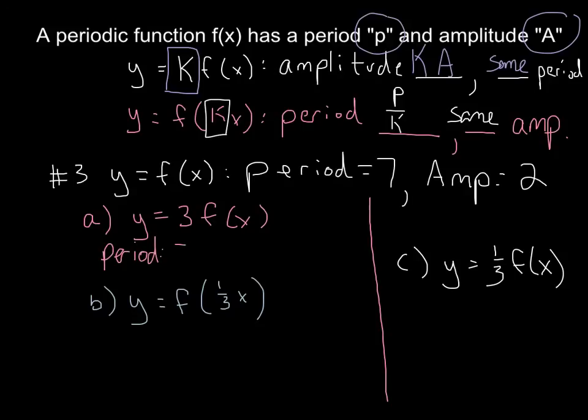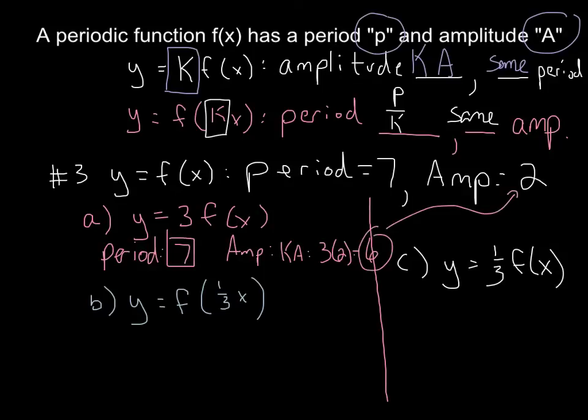So the period is still 7. But the amplitude, here's where we have a little fun. It's k times A, that's 3 times 2. The new amplitude is 6. The amplitude tripled because we multiplied it by a factor of 3.